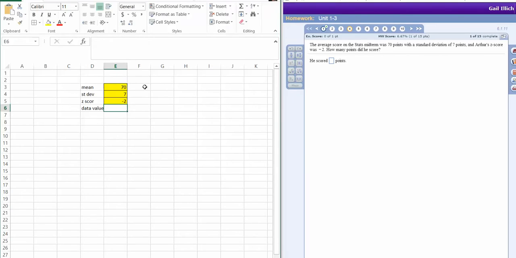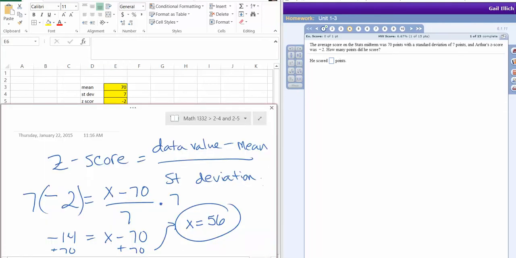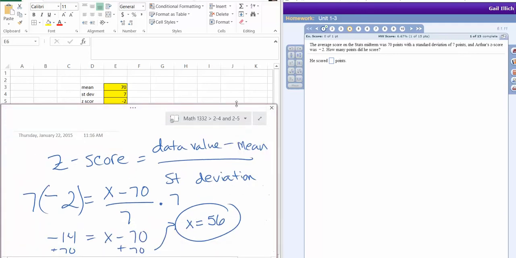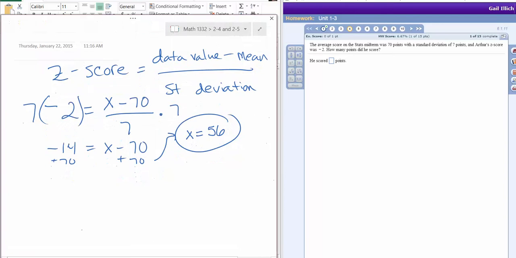Okay, in order to calculate the data value, let's think about what we did. Let's look at it in general. Kind of think of a general formula. Let me go up and make this a little bigger. The general formula was that we multiplied the standard deviation by the z-score, and then we added the mean.